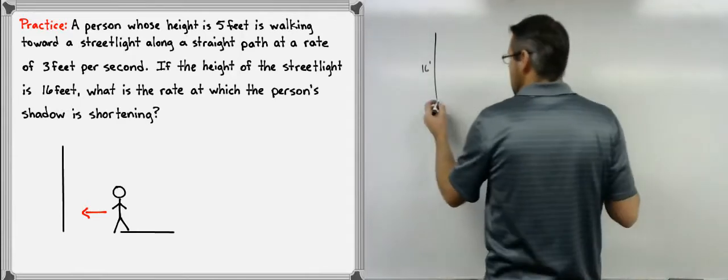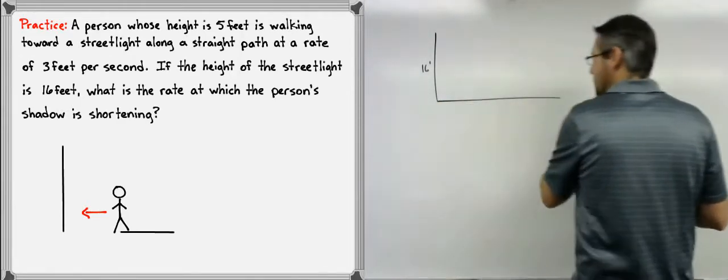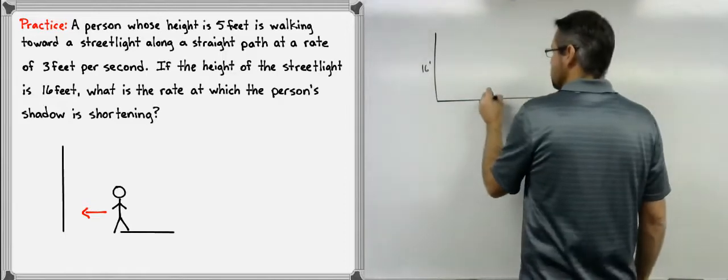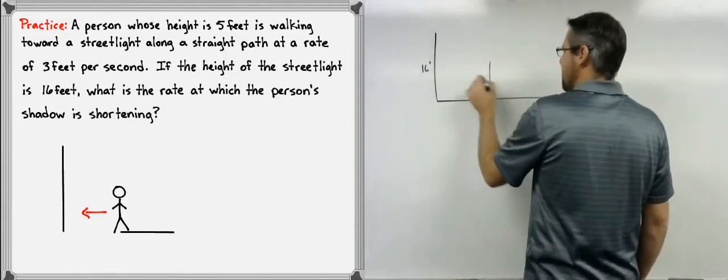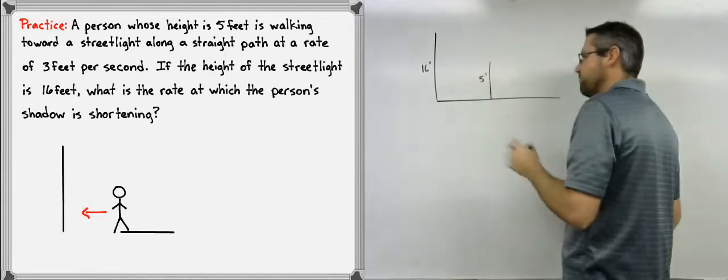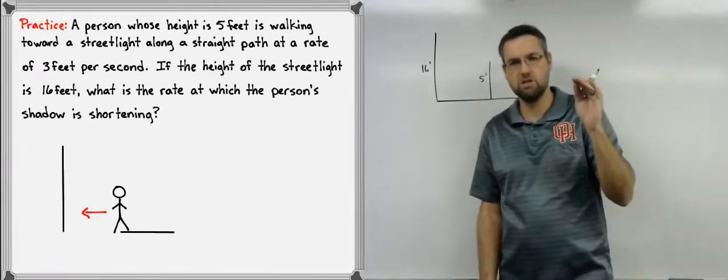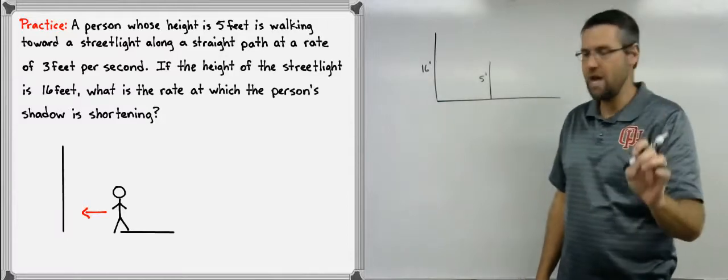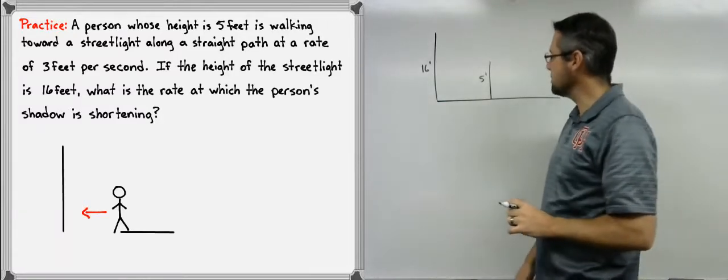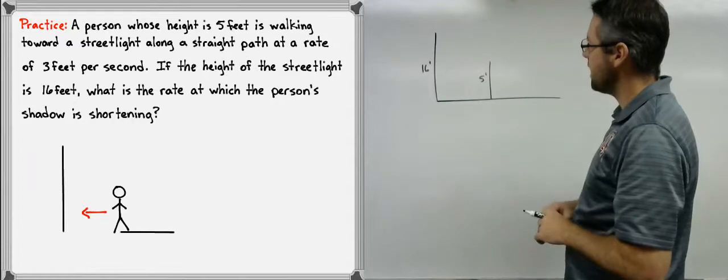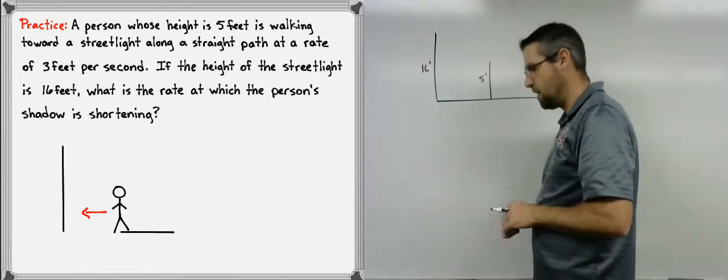That's not changing. Then we have the ground here, and we have this person. This person is 5 feet tall. Now, granted, if they're a younger person, they're probably growing at a very slow rate. But we're going to just assume that their height is a constant height. Okay.